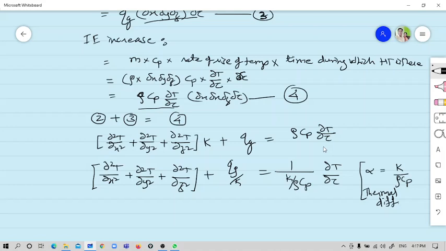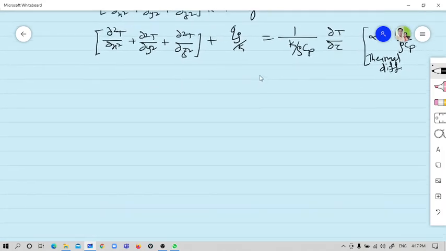So finally what you get here is an equation like this: ∇²T plus qg by k equal to 1 upon alpha into ∂T by ∂τ. I'm just writing that equation here finally.